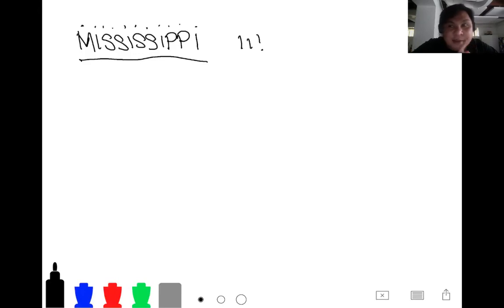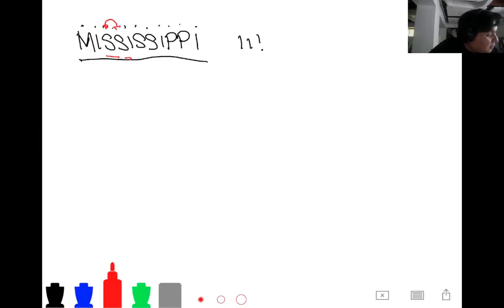However, the problem is the same letters. For example, consider these 2 S's right here. If I interchange their position, would you have noticed? I mean, you would have if we actually put subscripts, right?